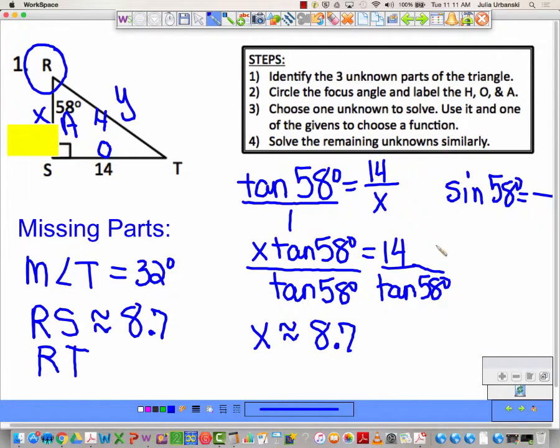All right, so sine of 58 would equal what on top? 14 over y. Good. Okay, when the variable's on the bottom, are you going to multiply these two numbers together? No. Nope, you're going to divide. Do 14 divided by the sine of 58.